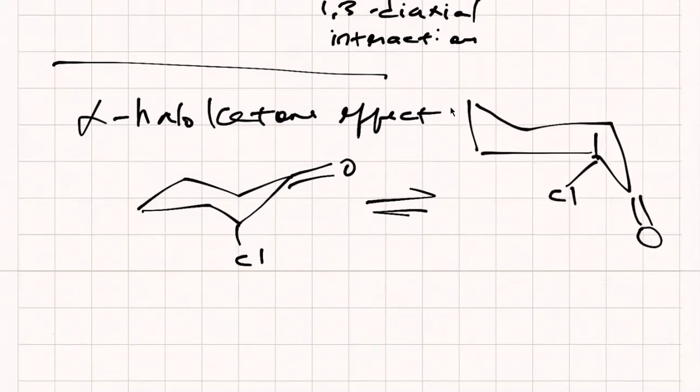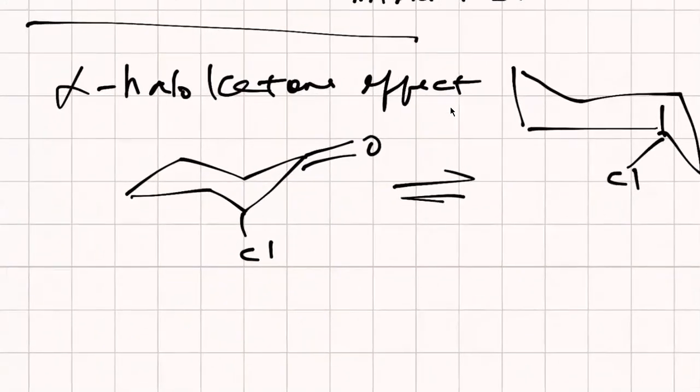So in this isomer, the first isomer, you can see here that your dipoles are going to be in opposite directions. They're going to cancel each other.